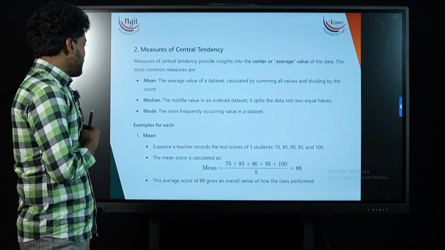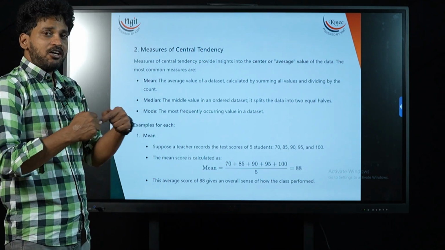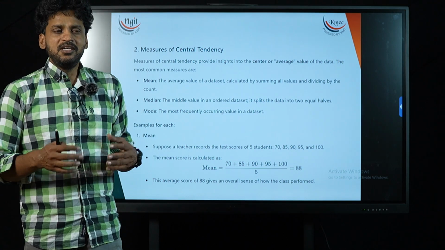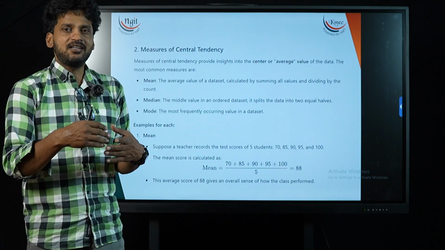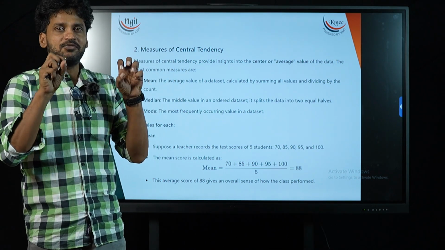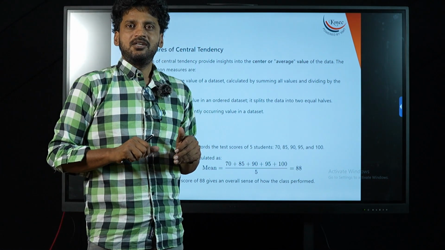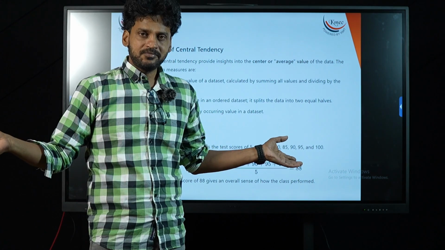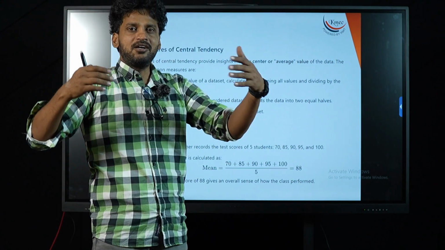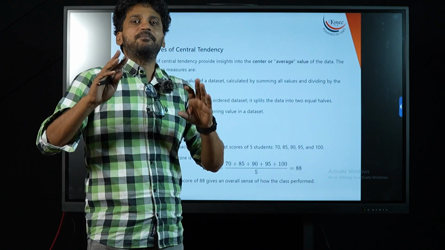The second one is median, the middle value in the ordered data set. When you collect the data set, it is not in a specific order, neither ascending nor descending. When you collect raw data, for example ages, these are distributed and not ordered in a meaningful way.